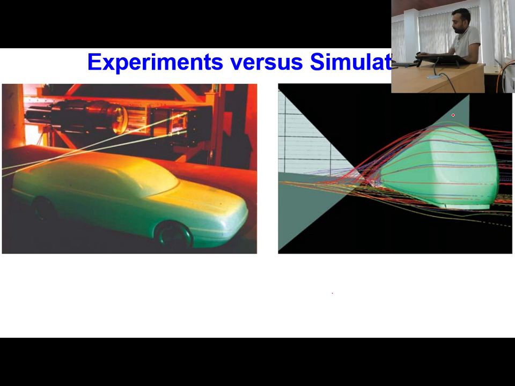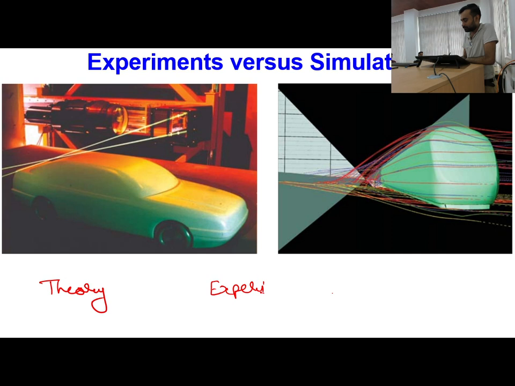Then when we study a fluid mechanics problem, as I told you, we can have three different approaches. One is theory, the second approach is experiment, and the third approach is simulation.